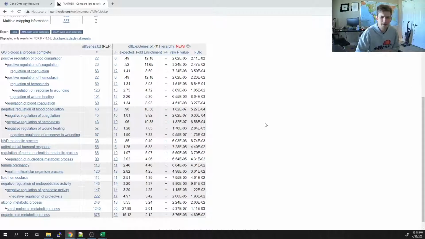Let's see. We also see a little bit of metabolic process, NAD metabolic process, right? That's more or less an electron transfer molecule, NAD, right? NAD plus, NADH. Antimicrobial response, so maybe a few functions and maybe a regulation.